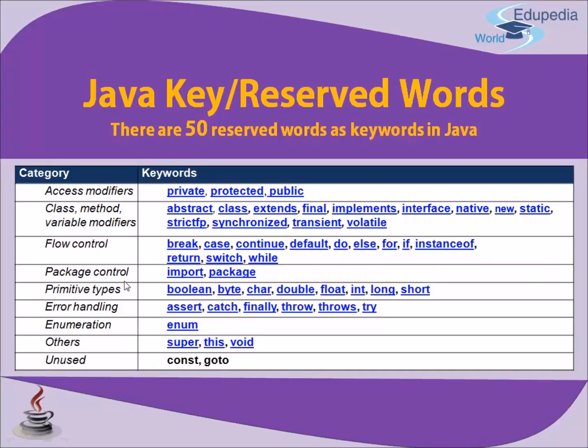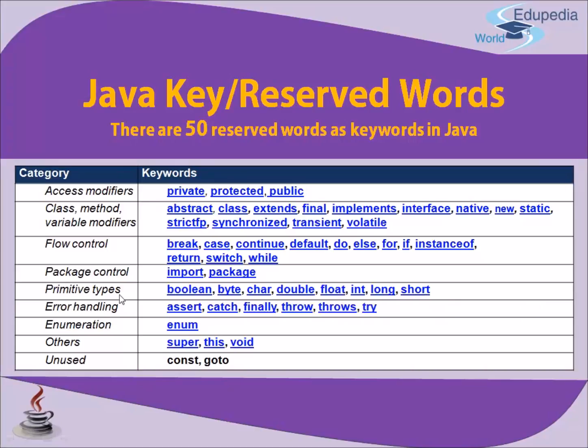The next one is package control, that is import and package. Now you have seen in category number 5, primitive types, that means data types, which are boolean, byte, char, double, float, int, long and short.